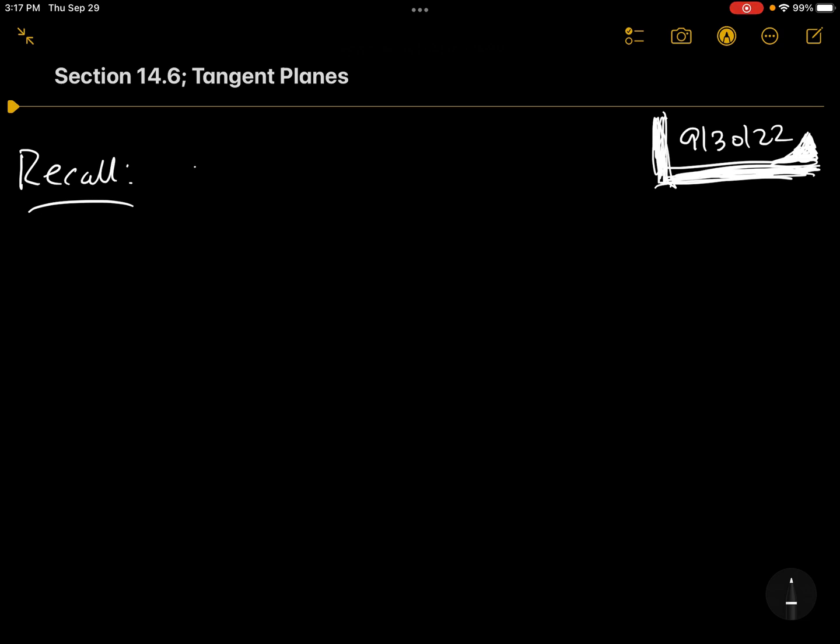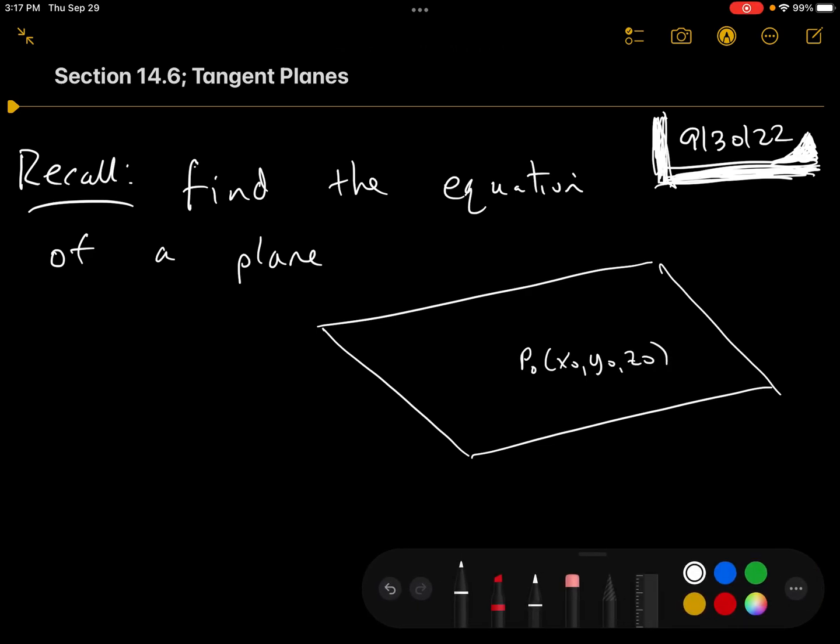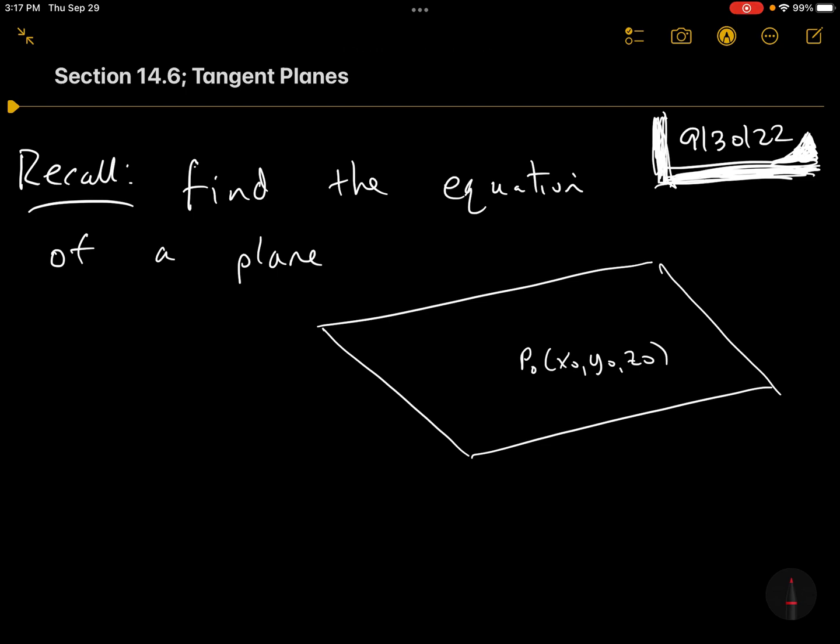If we want to find the equation of a plane, if we remember, what we need is a point on the plane and a vector that's normal to that plane, right?